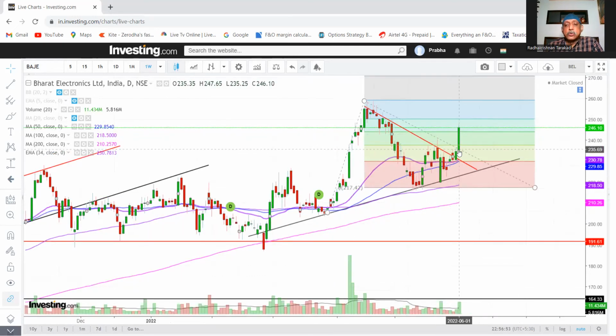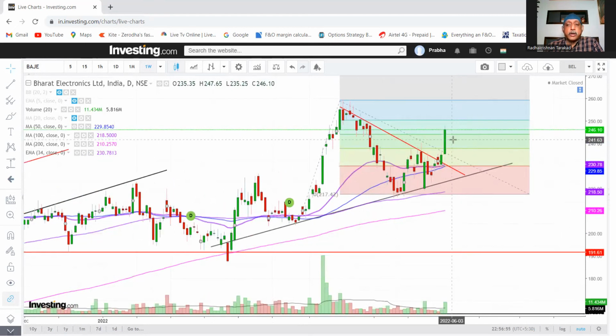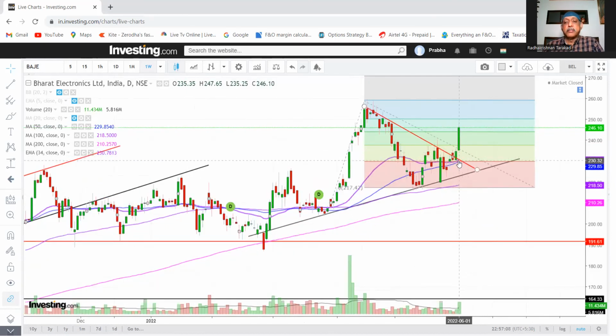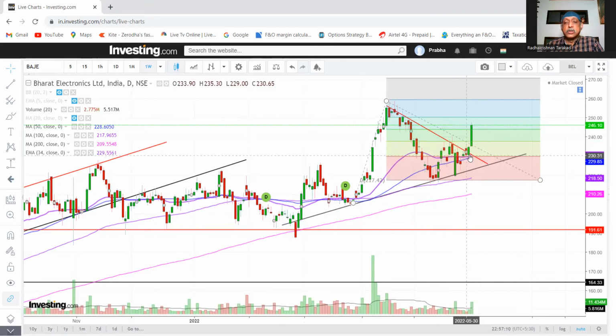But traders who are willing to take a little bit more risk generally go for either the 50-day moving average or the 100-day moving average as a stop loss number. So for a trader, one can look at the moving average as a stop loss.